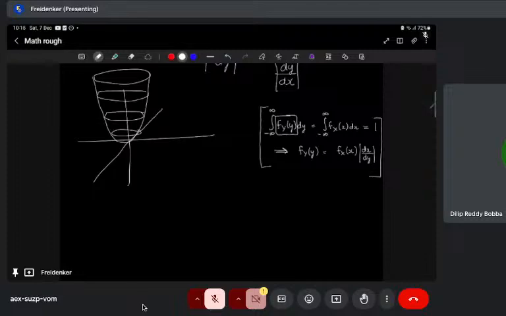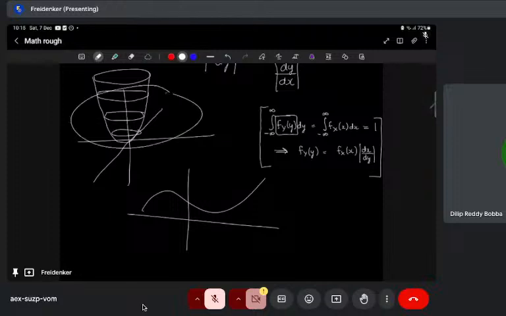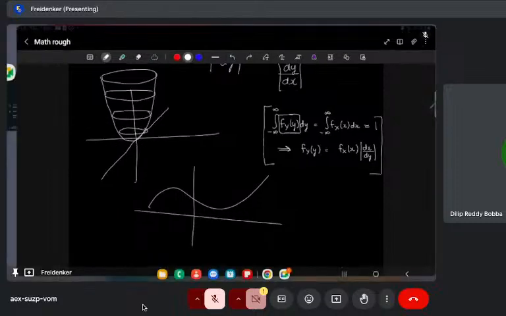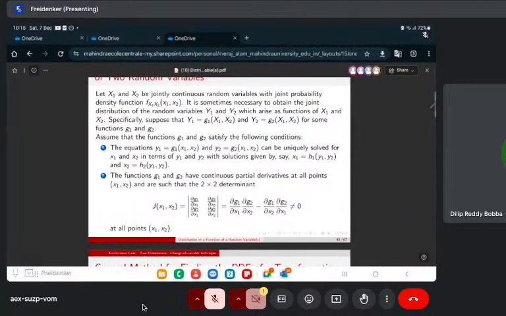Now, how do you know? If you can plot a single variable function in 2D, we can say, oh, it is increasing, it is decreasing. But that's not the case in 3D, right? Now, which direction is increasing, which direction is decreasing, we wouldn't know. So that is one problem, but I don't think we will face those problems because the questions will ensure that something is happening. So, okay, fine. We'll just get into the examples now.